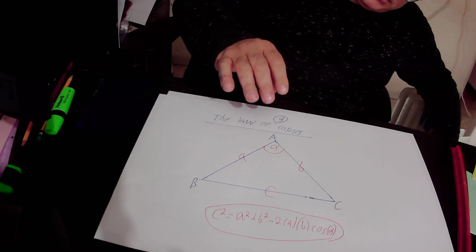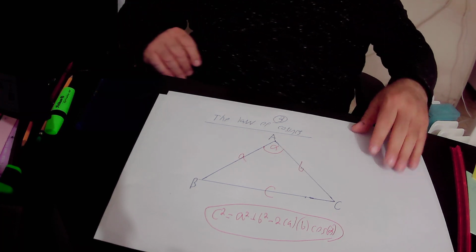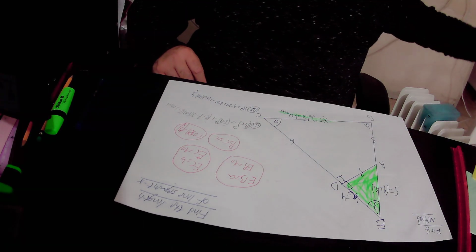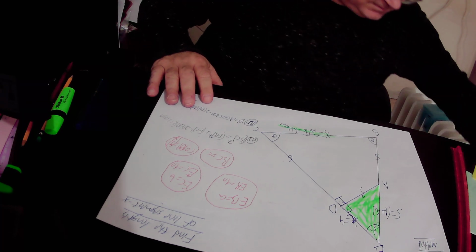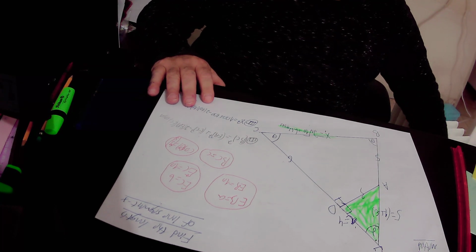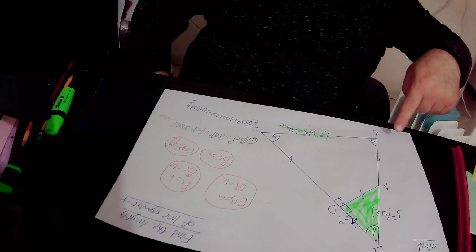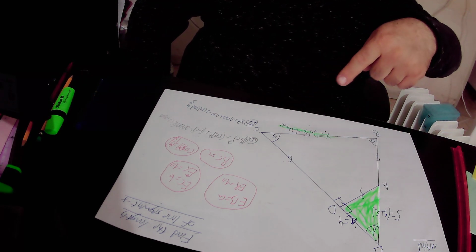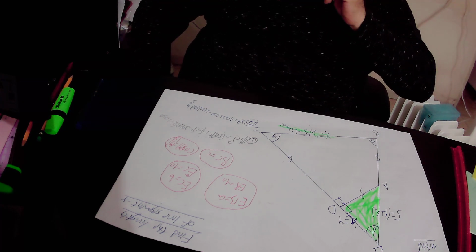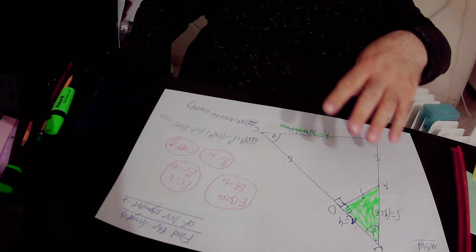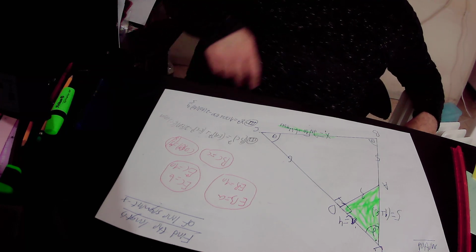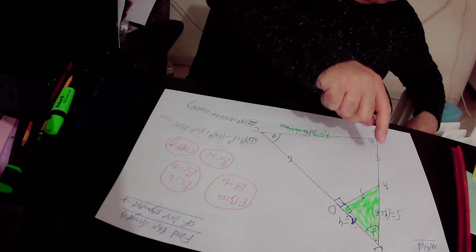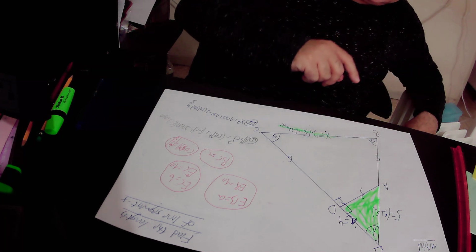So we implement the law of cosines in our triangle ABC. In this triangle, EB equals A, EC equals B, BC equals C, and this is again alpha, and cosine alpha equals 4 over 5. But EB is not only equal to A, it is also equal to 5 plus 5, that is 10.